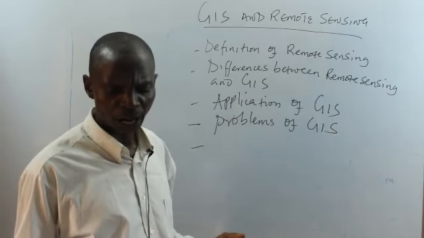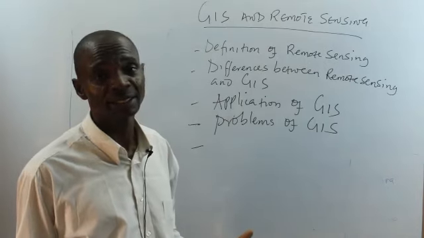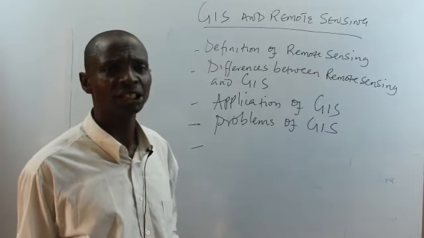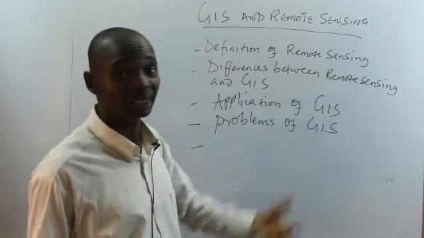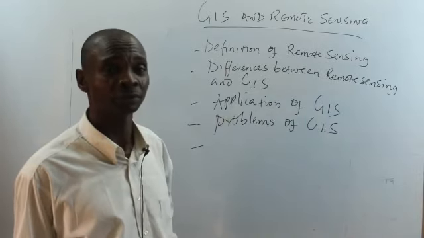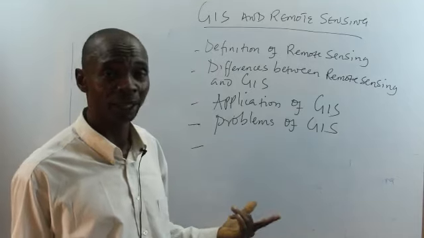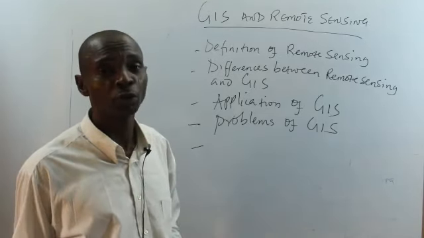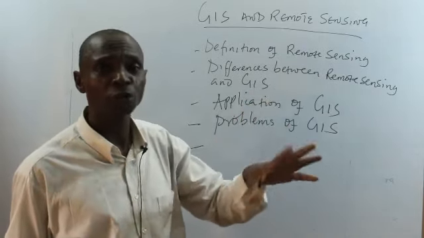Then we talk about education. That is why we are teaching GIS in secondary schools and also in tertiary institutions. So these are the applications of GIS. Also in military operations, I've been saying this, GIS is very, very important. Before a troop can go on operation, what they normally do, they will go there and capture the information through a powerful camera.